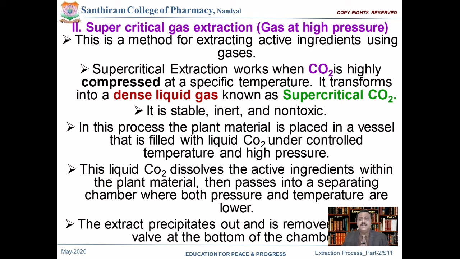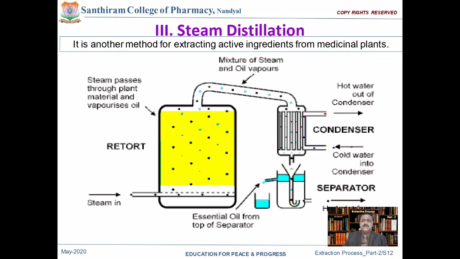The next extraction process we have is steam distillation. This steam distillation is most widely used for extracting most of the active constituents from plants and most of the essential oils. Essential oils are those oils which give fragrance when you use them in pharmaceutical formulations as an additive, right?